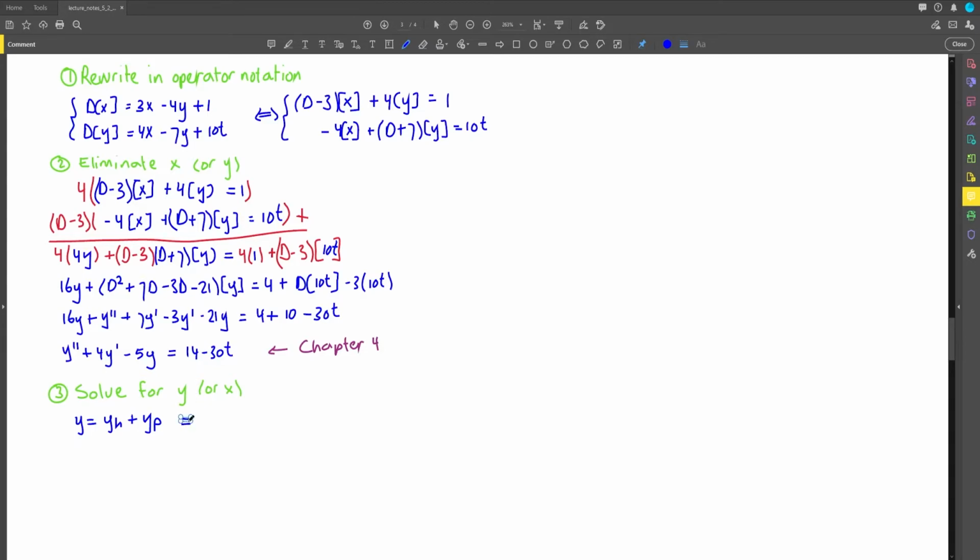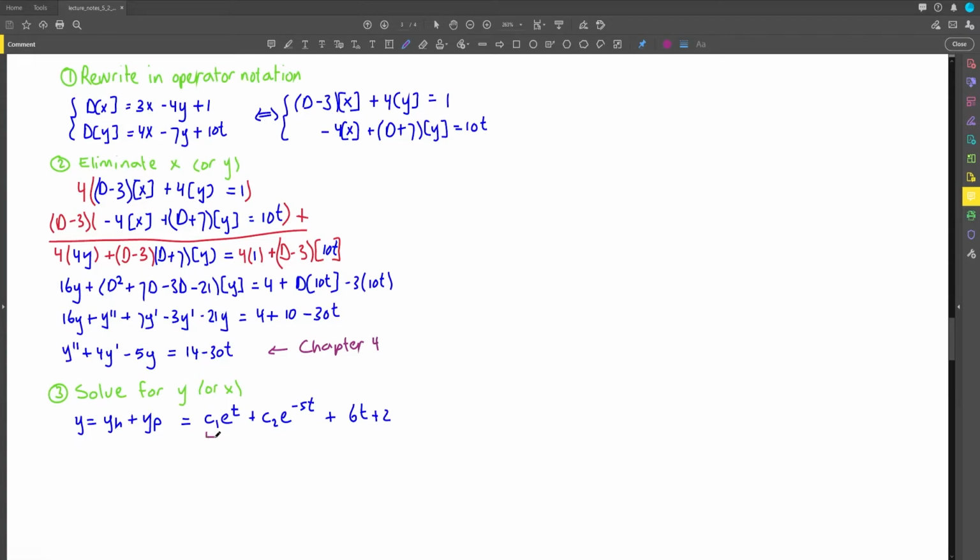In the interest of time, I will give you the following solution: c1 e to the power t plus c2 e to the power negative 5t. This is the homogeneous part of the solution, and then plus 6t plus 2, that's the particular part of the solution.